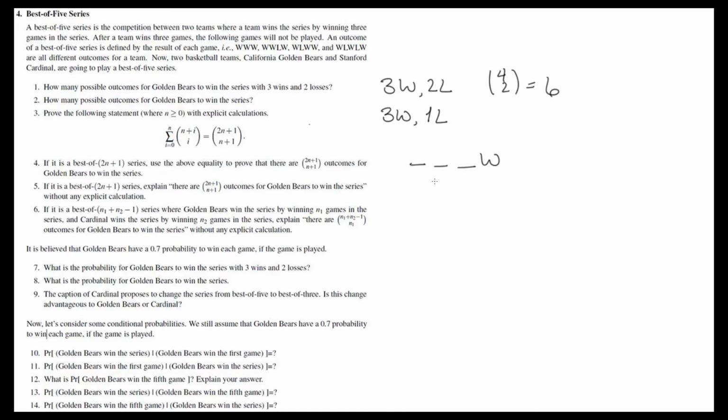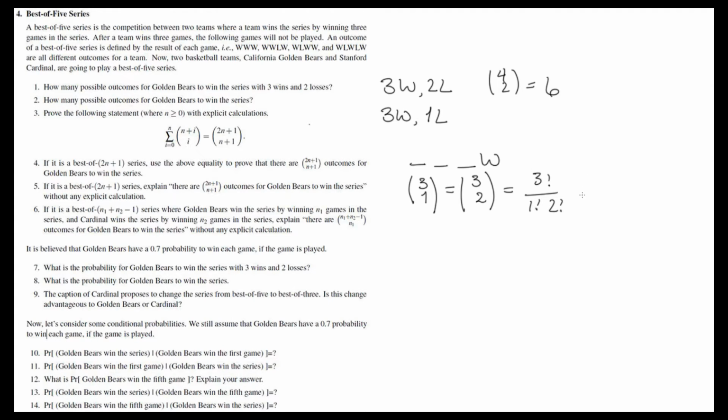So now we have 3 slots and we want to choose one of them to be a loss. We could also have looked at this as 3 choose 2, and we're choosing 2 of the slots to be wins. But if you look at the formula for choose, these are actually both equal to 3 factorial over 1 factorial times 2 factorial.